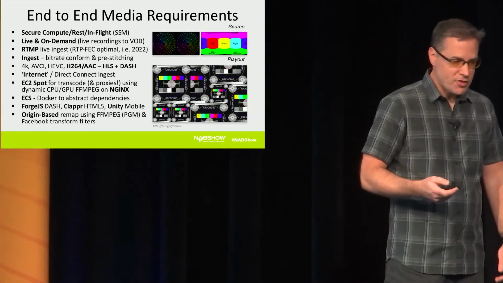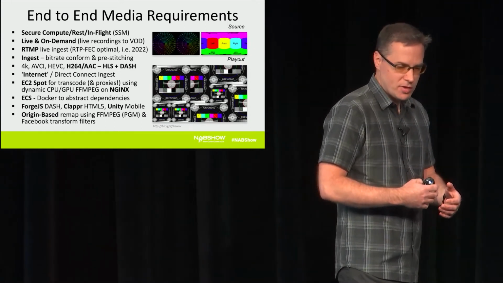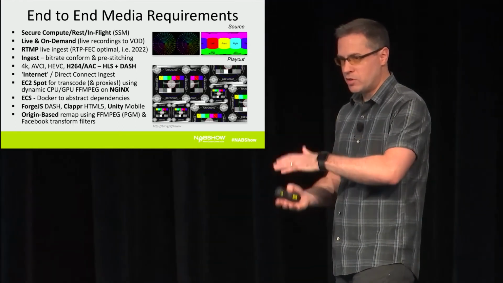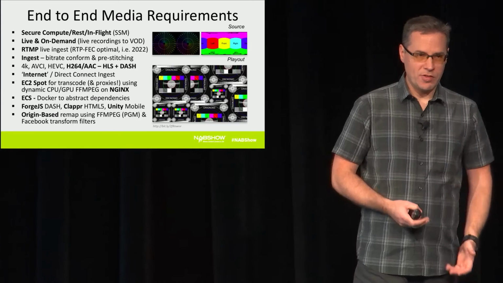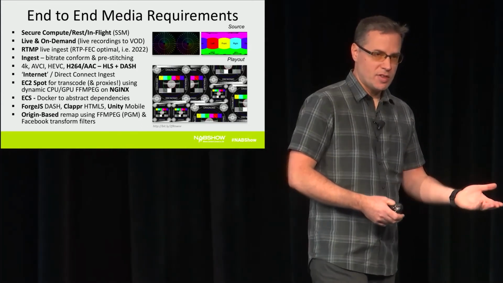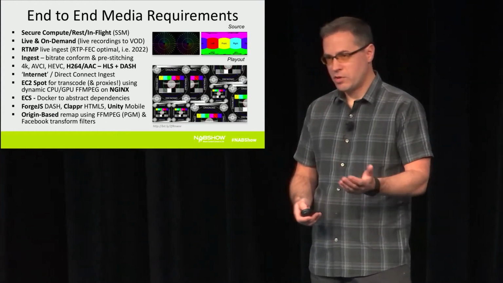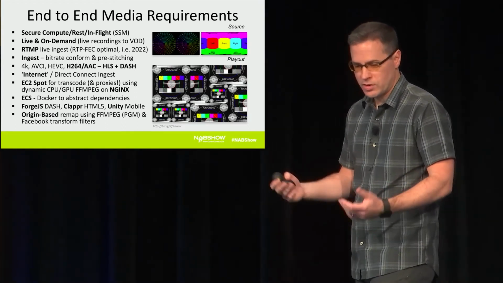On the ingest side, we chose to look at bitrate conformance. So if you have an encoder that outputs 4K, you can potentially conform it to a lower bitrate. And it allows you to bring up this solution and not have to have, say, Direct Connect in place. Maybe a high-speed internet connection is good enough to basically test the waters and see how it works with 360 content.